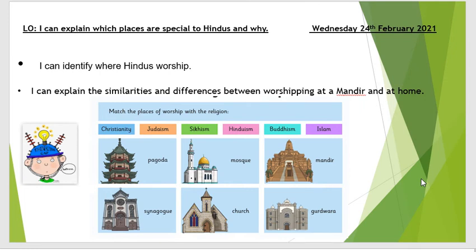Welcome back, year 5 and 6. So let's have a go at matching. So Christianity, Christians worship in a church, that's right. Judaism, so Jews worship in a synagogue. Sikhism, Sikhs worship in a gurdwara.